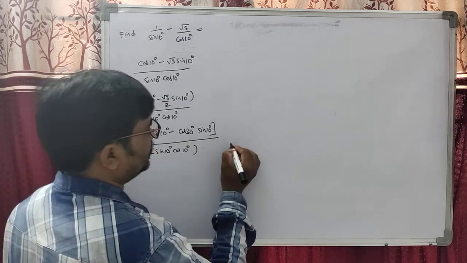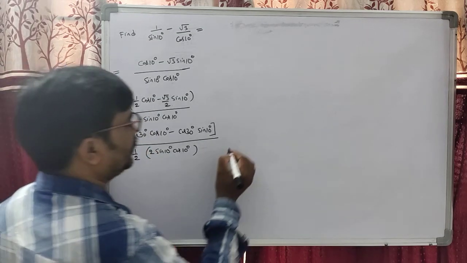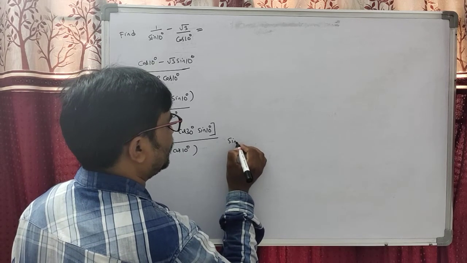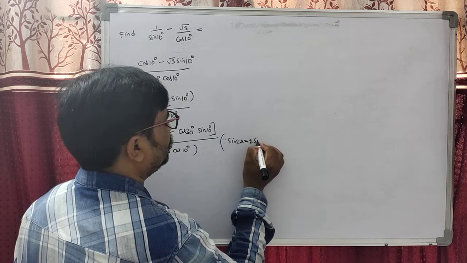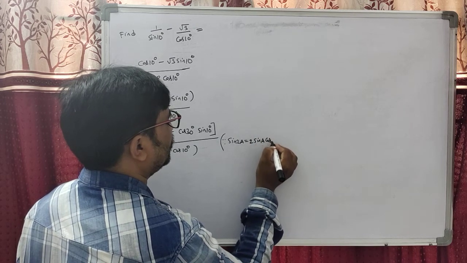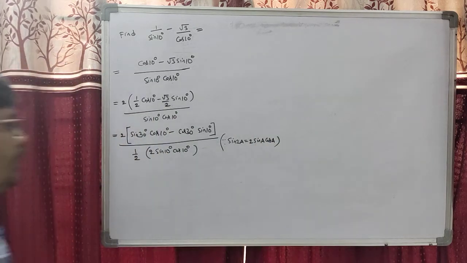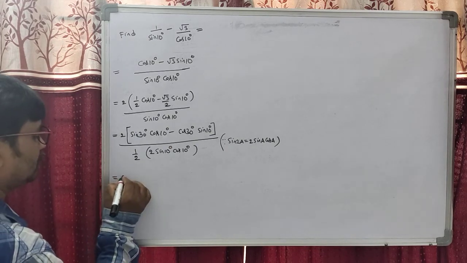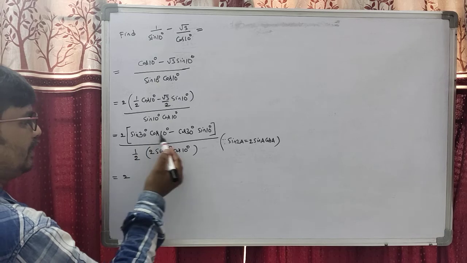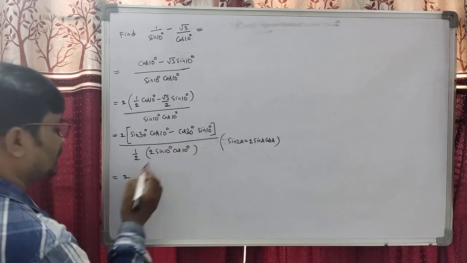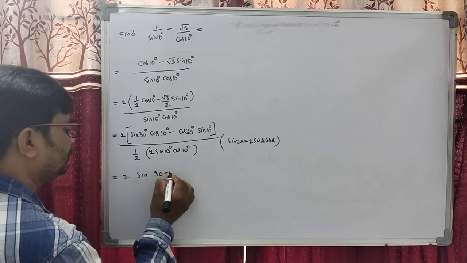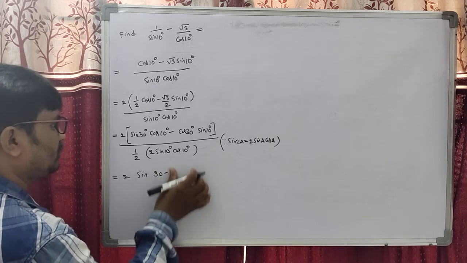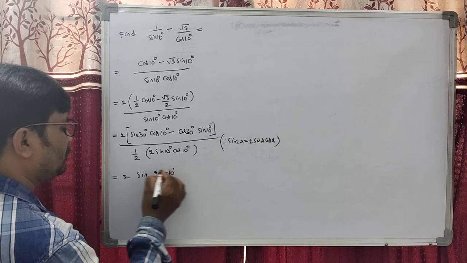Everybody knows the formula of sin 2A: sin 2A equals 2 sin A cos A. In the first step, sin A cos B minus cos A sin B is the form of sin (A minus B).